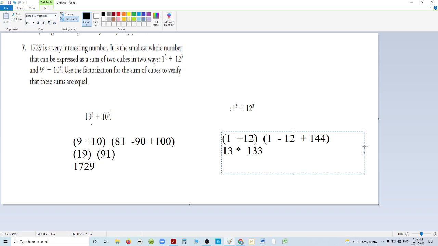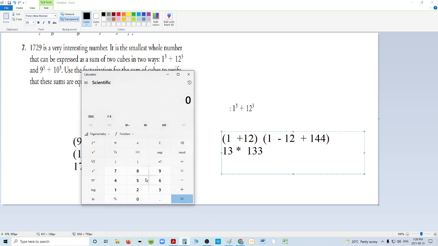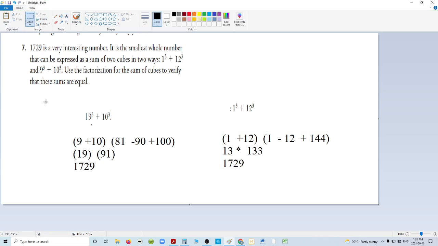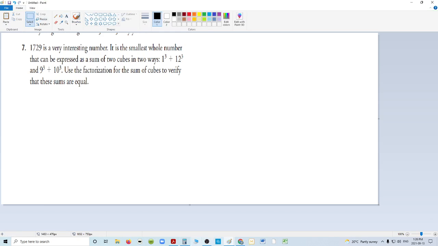So the question is, is 13 times 133 1729? 13 times 133 is indeed 1729. So we were able to use this to determine that it is indeed correct. Let's go on to the next one.